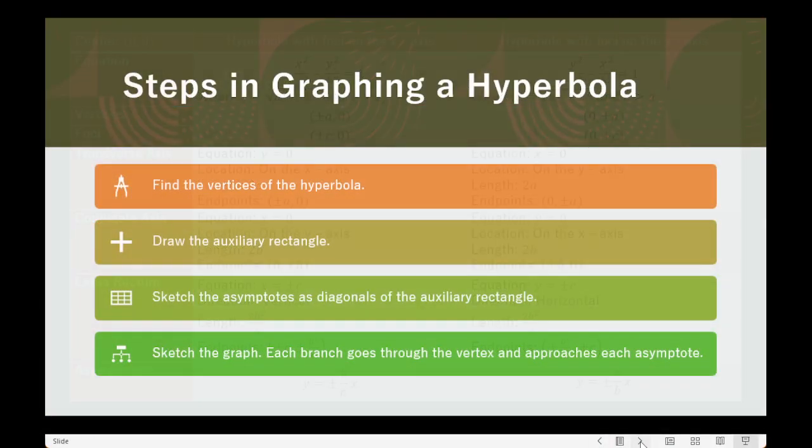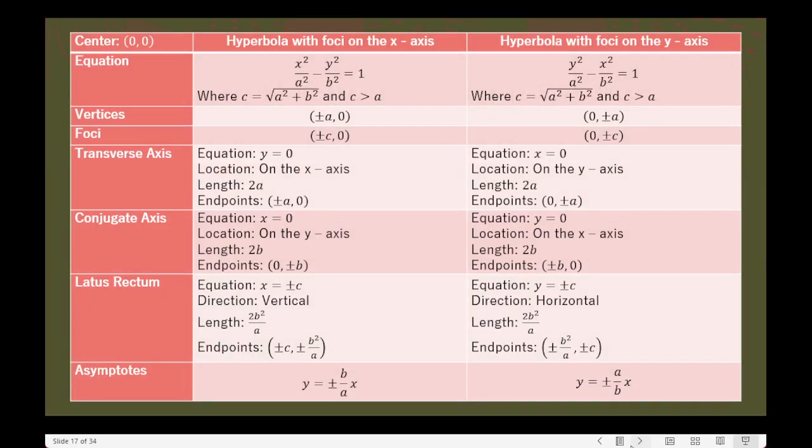Okay. Now for our next slide, this information will help us trace the graph of any hyperbola whose center is situated at the origin. Now, hyperbola with foci on the x-axis, so we have the following information from this column, and hyperbola with foci on the y-axis, and these are the information from this column.